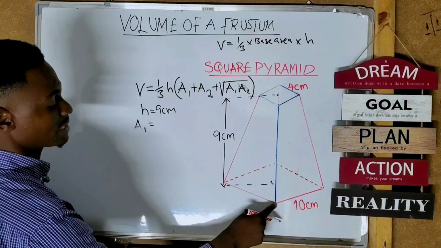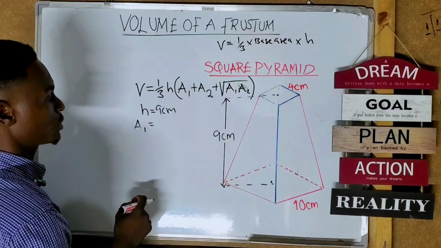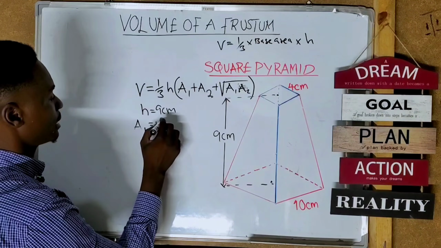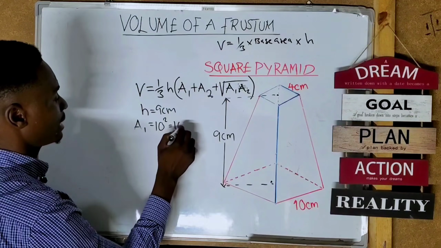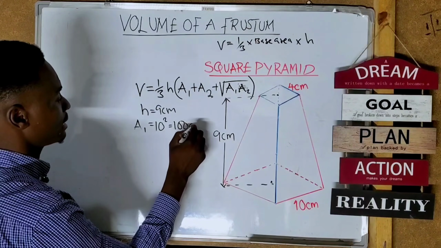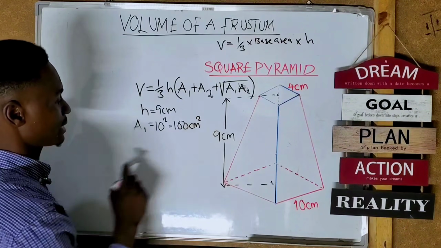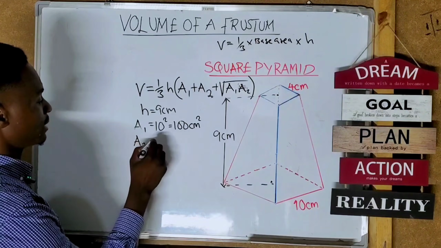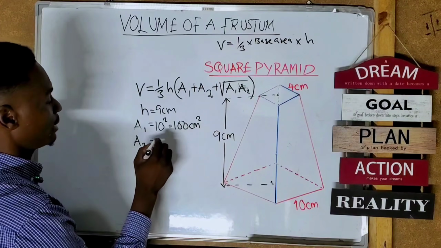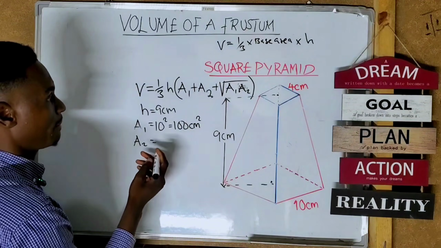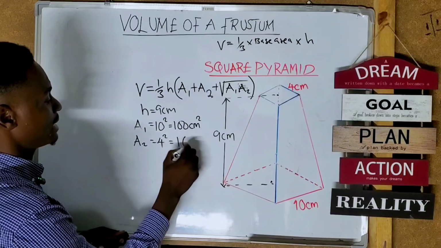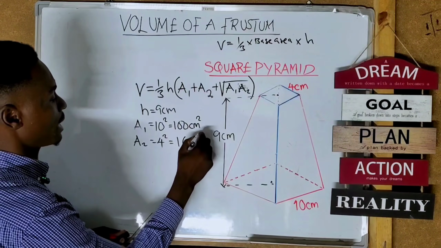So we just say 10 squared, which is 100 square centimeters, which is area 1. Let's find area 2, which is the top part here. Since this is a square pyramid, it will be just 4 squared, which is 16 square centimeters.